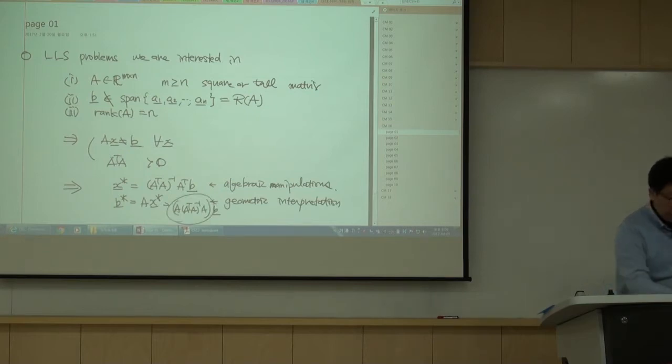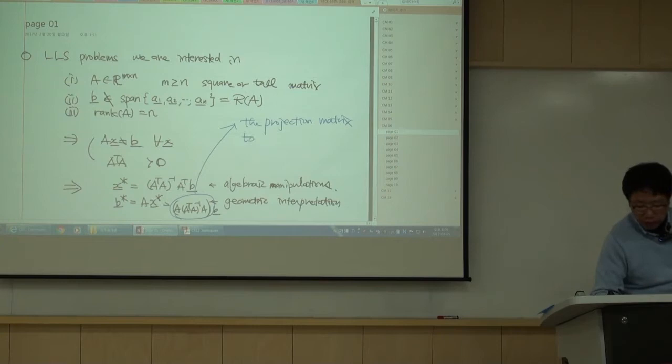And here, this is nothing but the projection matrix to the subspace spanned by the columns of A.